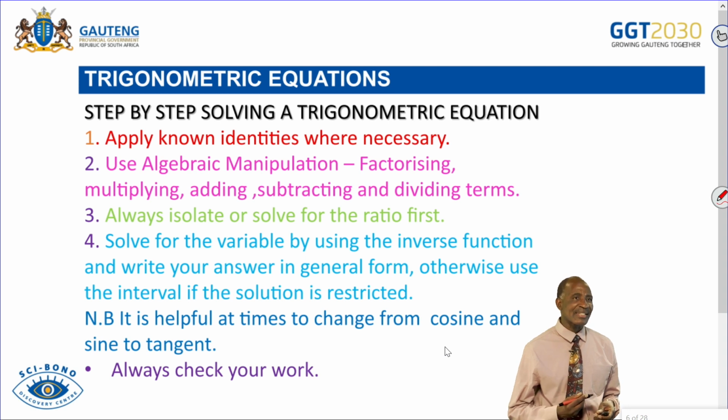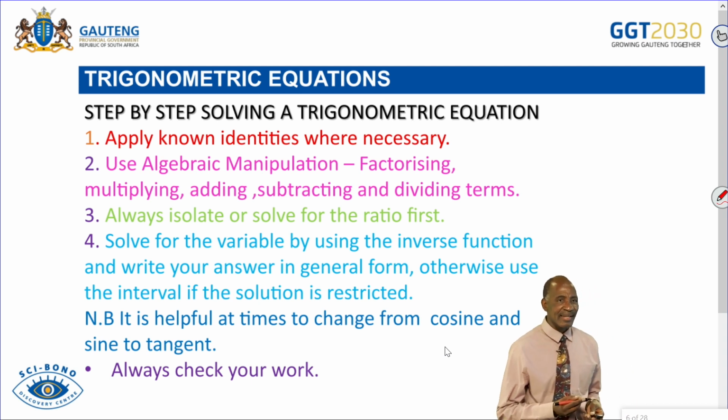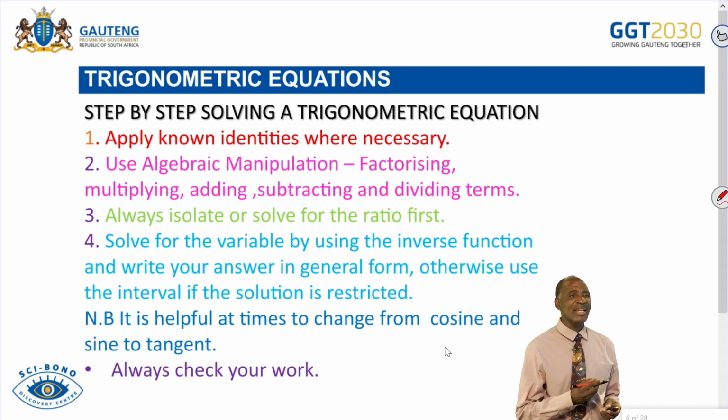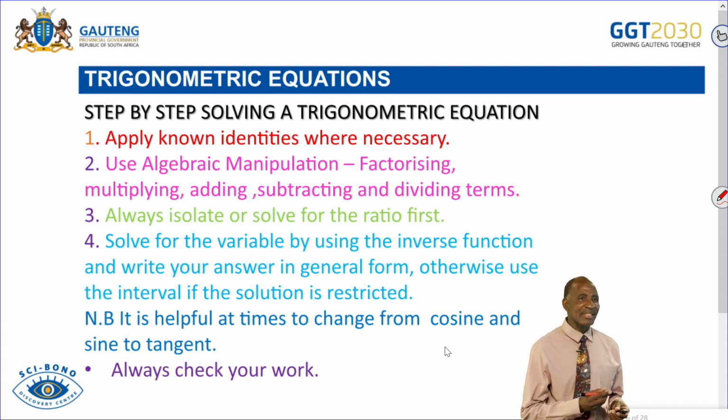So otherwise, your second step will be algebraic manipulation. Always isolate or solve for the ratio first. You'll have to isolate your ratio. Is it tan, is it cosine, or is it sine? You need to isolate it so that you are solving for that particular ratio.